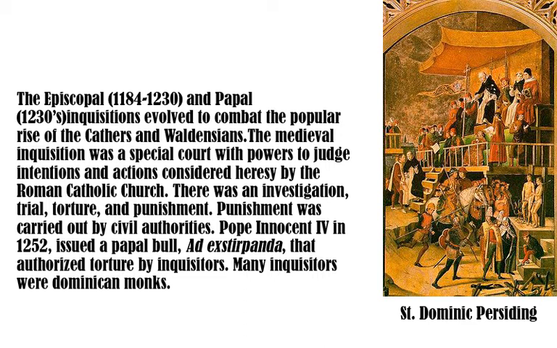There was an investigation, a trial, torture, and punishment. Punishment was carried out by civil authorities. Pope Innocent IV in 1252 issued a papal bull, Ad Extirpanda, that authorized torture by inquisitors. Many inquisitors were Dominican monks.